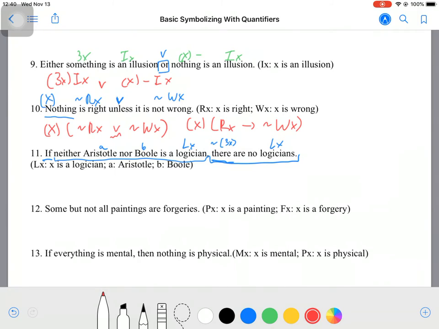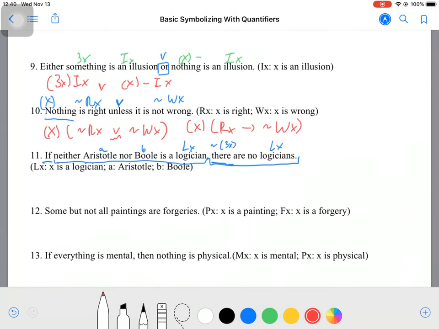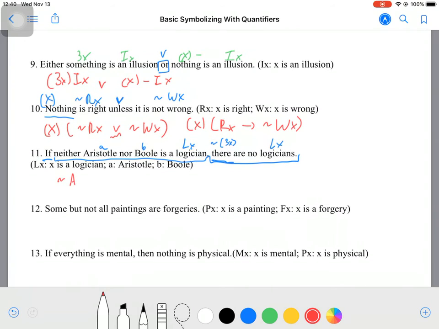Neither Aristotle nor Boole is a logician. So it's not the case that Aristotle is a logician, or that Boole is a logician. We could also write it as not LA and not LB. That would also work.